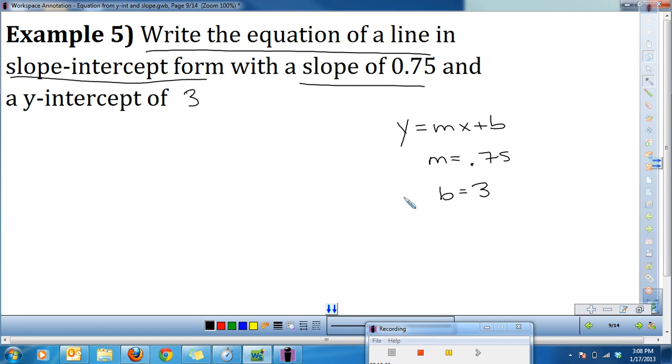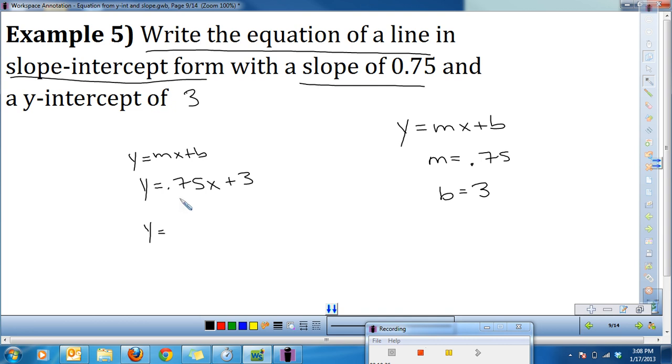Now, I'm going to rewrite my equation, y equals mx plus b. My m is 0.75 x. My b is plus 3. Now before I finish and I go on, I'm going to look, okay, is my y-intercept okay? Is a whole number okay for the y-intercept? Yes. Is a decimal okay for the slope?